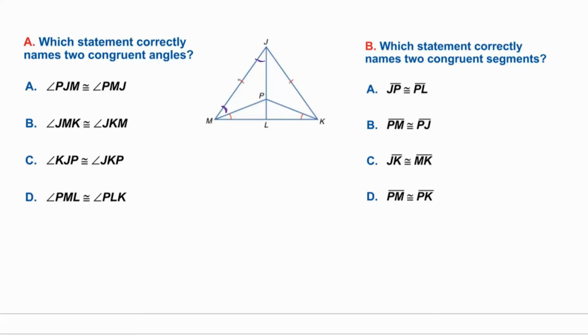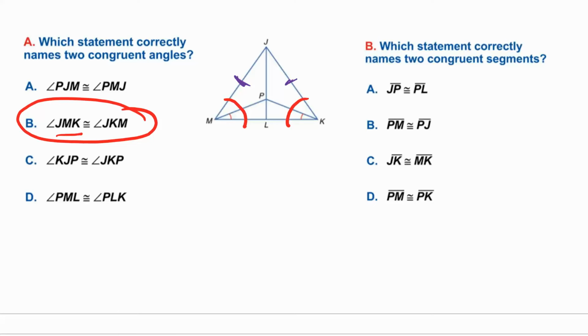And the picture actually gives us that these two sides right here are congruent. So since those two sides are congruent, these two angles are congruent by the isosceles triangle theorem. So that would be JMK and JKM. So it would be this set right here.